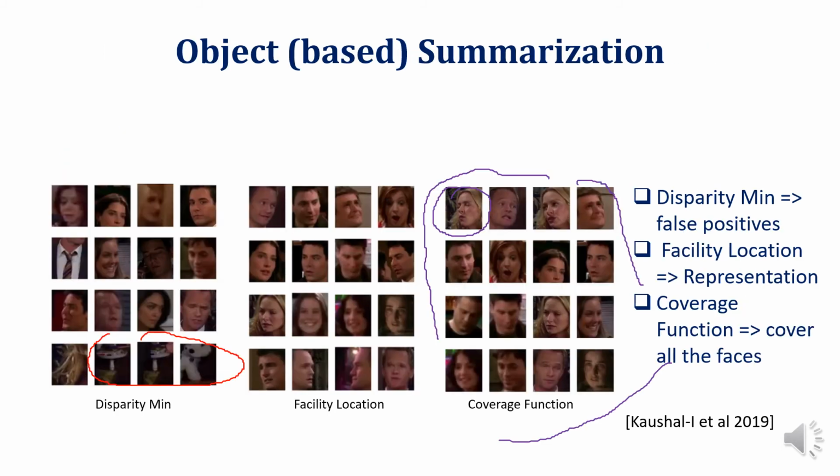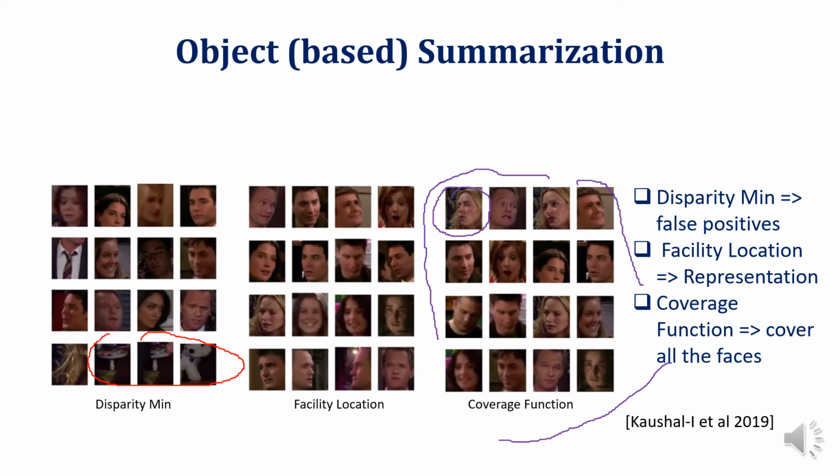You can also do object-based summarization, in which case, disparity min might give you false positives, just because you're looking for arbitrary diversity, as is here. But facility location, on the other hand, is trying to be representative of different kinds of faces. Let's say you want to do face-based summarization, and therefore it might be a default choice.